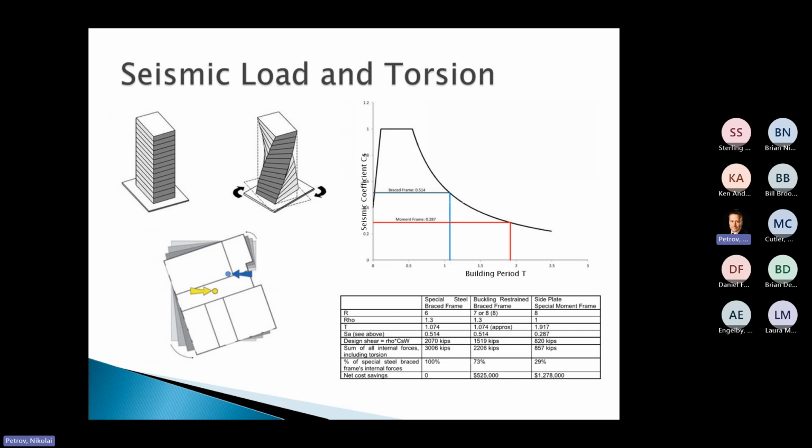And so let's see here, trying to figure out where it's, so basically sum of all internal forces, including torsion. This just basically shows that this was the total sum of all of the brace frame loads for the steel brace frame building, and it's 3,000 kips.